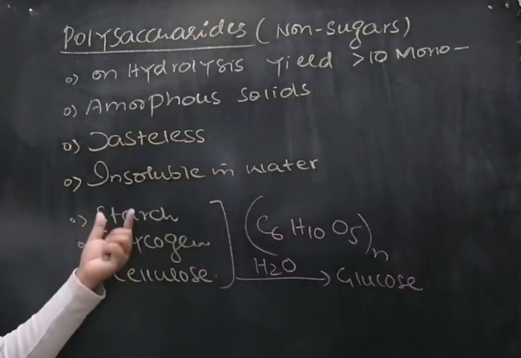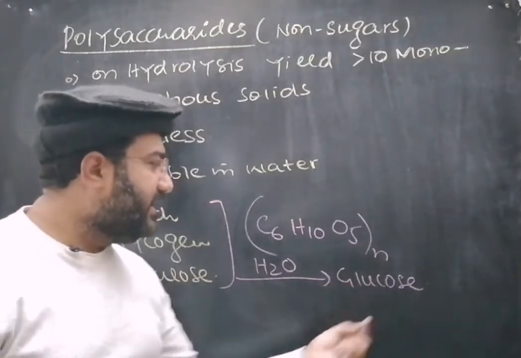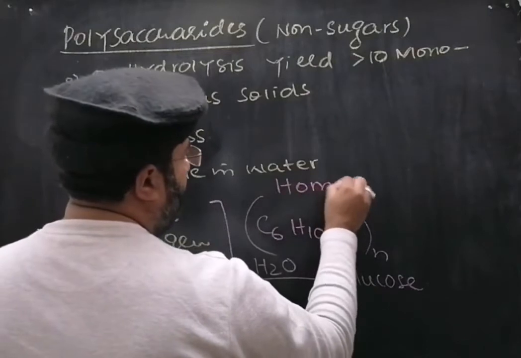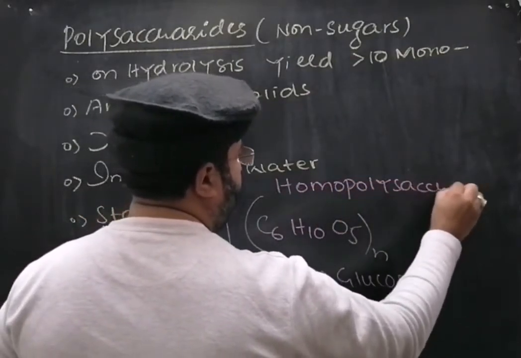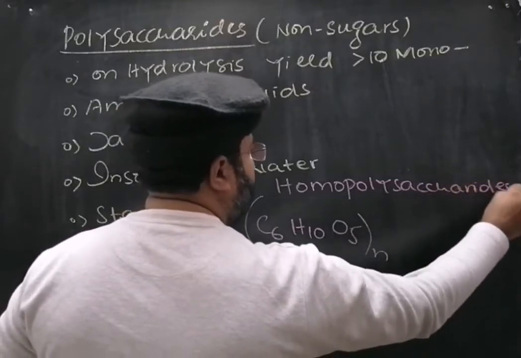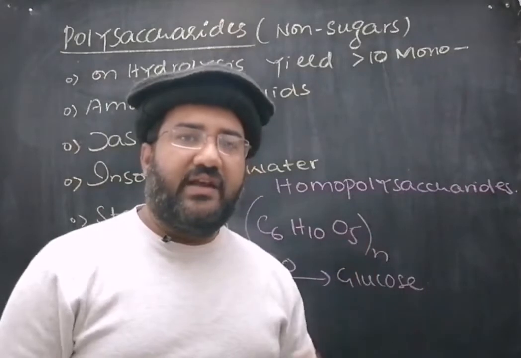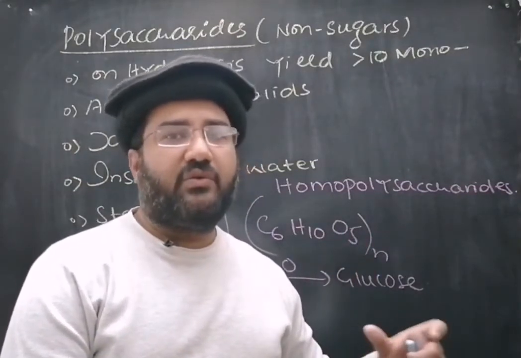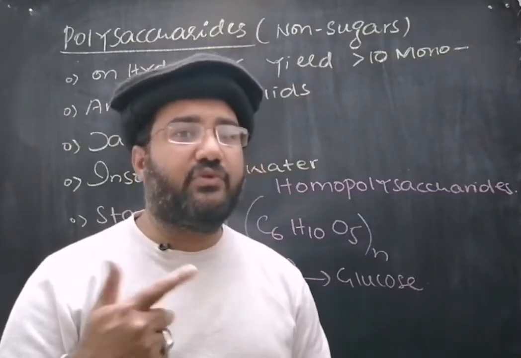Because all these polysaccharides on hydrolysis give only one type of monosaccharide, they are also called homopolysaccharides. While sucrose, which I have just completed, is an example of a heterosaccharide, because sucrose consists of one glucose and one fructose unit.